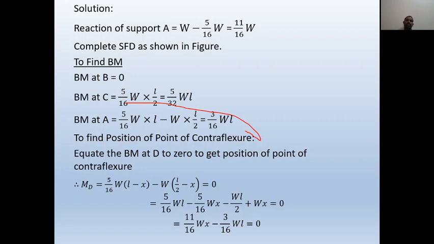So 5 by 16 W into L by 2, that is 5 by 32 times WL.